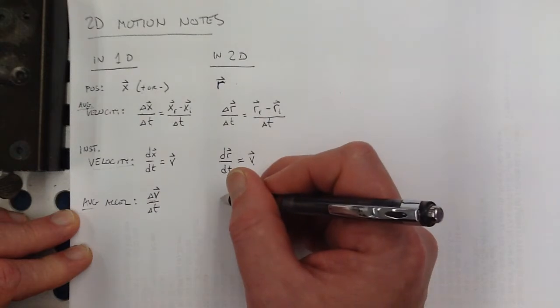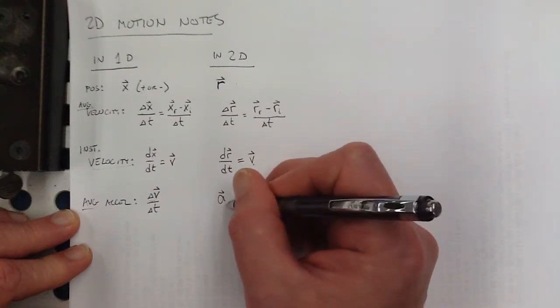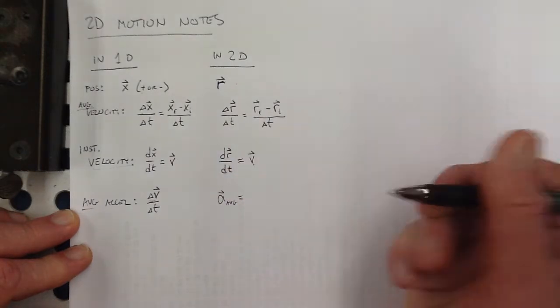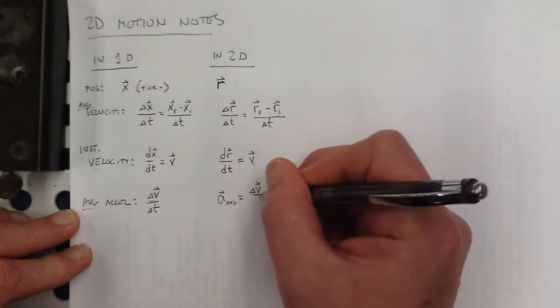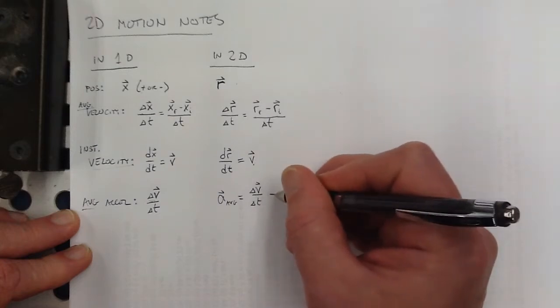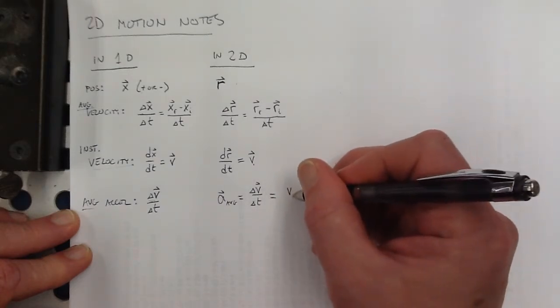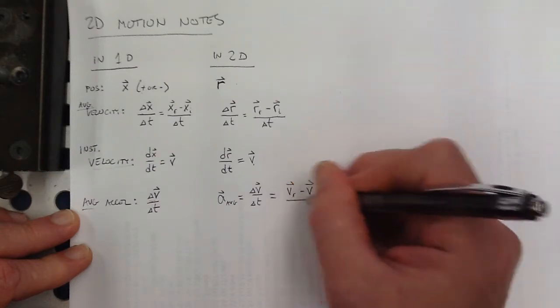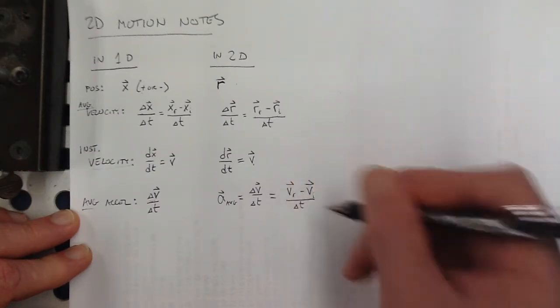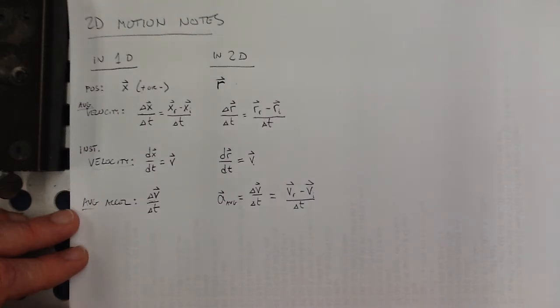And here, how about my average acceleration? It's exactly the same thing. Just going to be two-dimensional vectors that I have to do this with. Right?